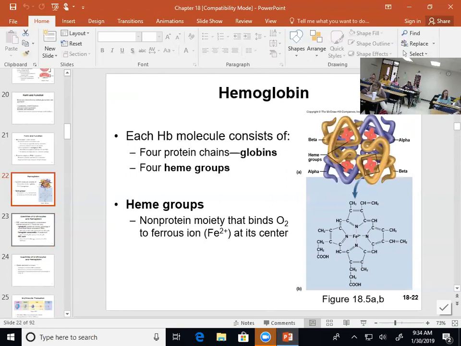So when people take in iron-rich foods, it's in a different form, and the acid in the stomach is going to have to reduce it so that we can absorb it. We can't absorb it as the 3+. We have to reduce it. So tell me another reason why you might be iron deficient then if I just said that.